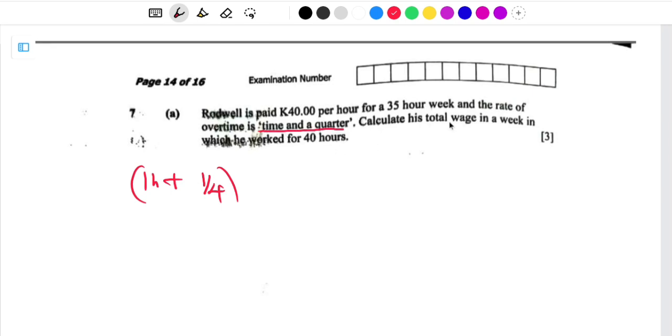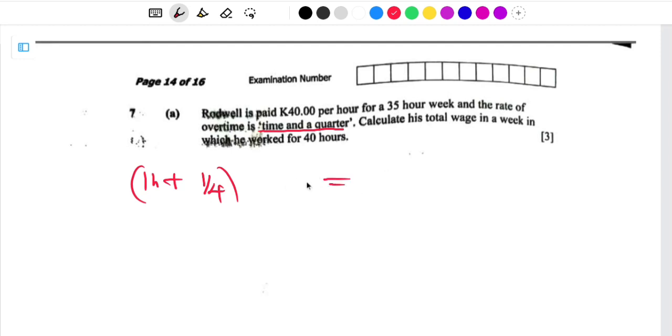So that is what it means, this statement here. Then calculate his total wage in a week in which he worked for 40 hours. So the first thing we have to find out is the money that he received when he was working for how many hours? 35 hours.